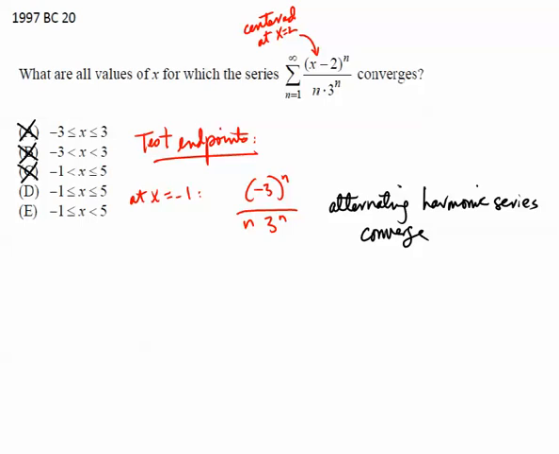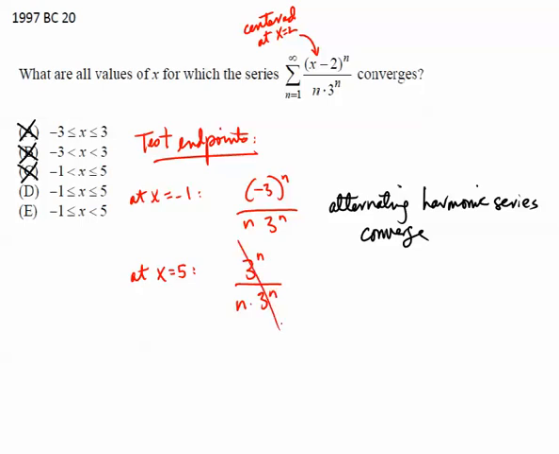Now let's try at x is equal to 5. At x is equal to 5, we have 5 minus 2, which is simply going to be 3 to the n over n times 3 to the n.